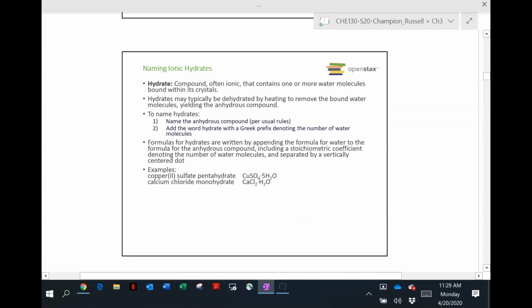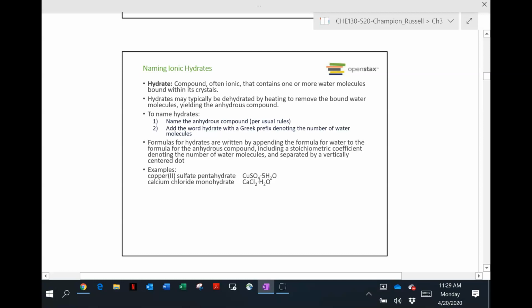Sometimes you'll see compounds that have water molecules attached to them. They're called hydrates. The way I usually suggest you think about these, if you ever bought an electronic device, like your computer, your iPad or whatever, and you opened up the box, there was a little packet in there that says "Do not eat," and it is a compound that absorbs water.